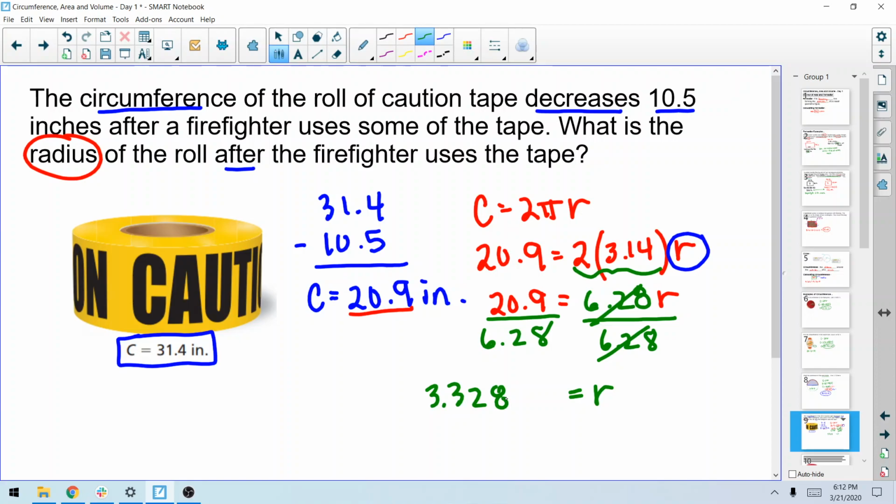I get a whole bunch of decimals, but I'm going to just call that good. And we're dealing in inches, so I know the radius of my caution tape roll is about 3 inches after the firefighter uses the tape.